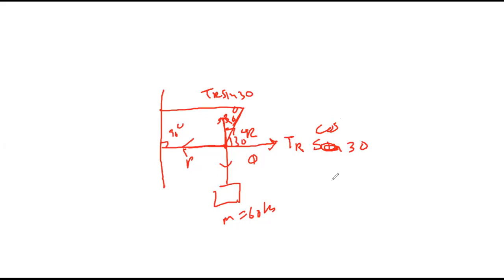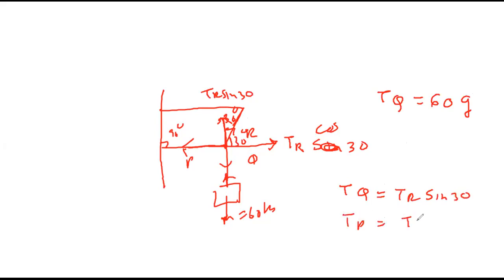So now this tension is nothing but mg, so T in Q equals 60 times g. Now TQ equals TR sine 30 and T in P is TR cos 30.